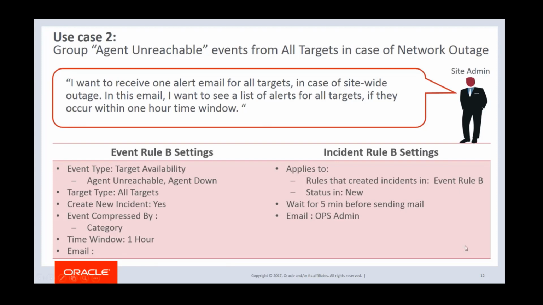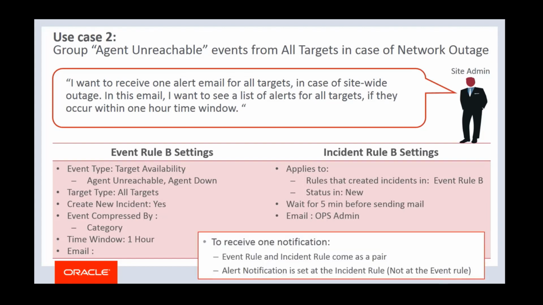And again, there are 2 points to send out only one email notification. First of all, the event rule and incident rule have to come as a pair. And alert notification, once again, should be set at the incident rule side, not at the event rule side. So those are the 2 points in common when configuring notification with compression.